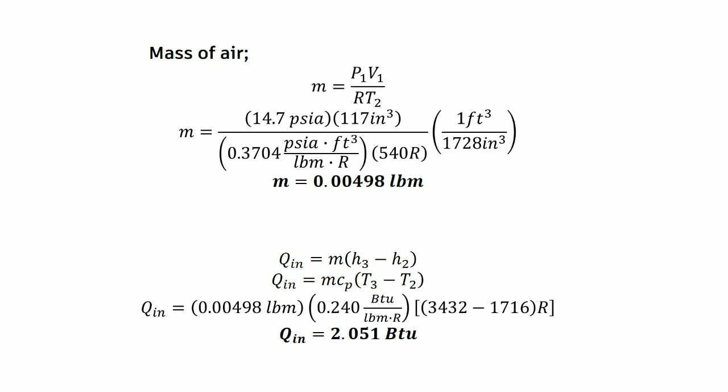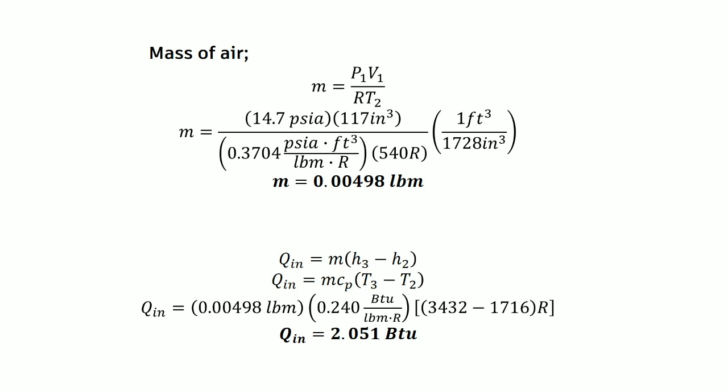Next, we need to know how much is the heat addition in this process. Heat addition uses this formula: the mass, the constant pressure specific heat, and the difference between the temperatures at states 2 and 3.